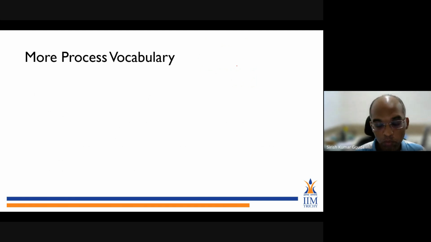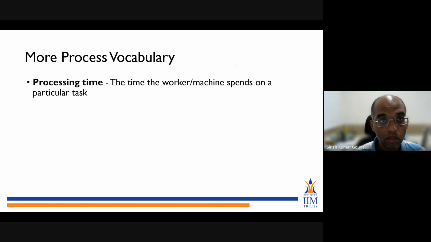Now, there are some more process vocabulary that we need to understand. One of the things that is important for us to understand the flow time and lead time concepts is something called the processing time. And processing time is something that you're all very familiar with. You've been using this to solve a lot of aptitude problems, from your CAT and other things, or any aptitude test that you would have taken.